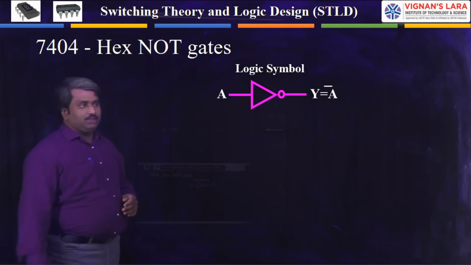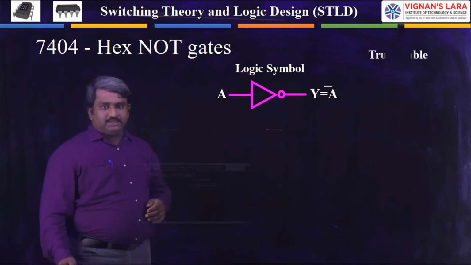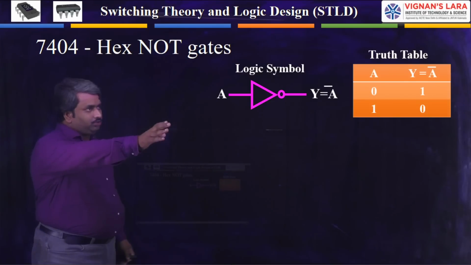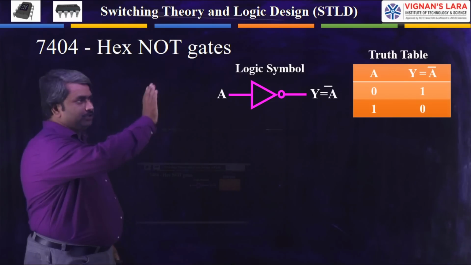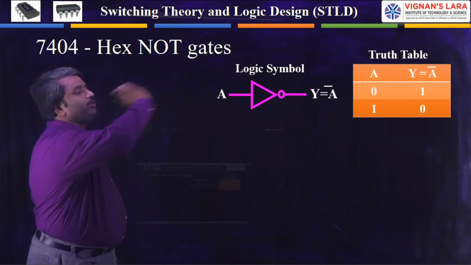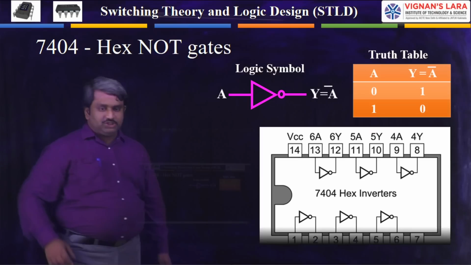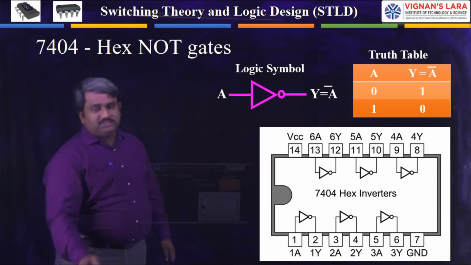Here we have the inverter. Next, the truth table: if the input A is equal to 0, output is equal to 1. If A is equal to 1, output is equal to 0. So that is the basic inverter operation.